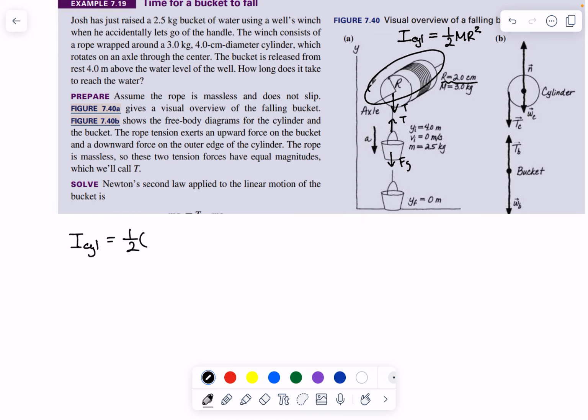So 1/2, the mass is 3 kilograms. And the R is 2 centimeters. Let's go ahead and convert that to SI units here, so meters. That's 0.02 meters, and that's squared. So let's just go ahead and get that number here. 3 divided by 2 times 0.02 squared.